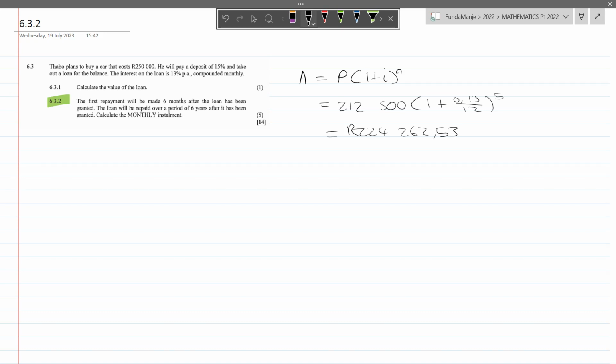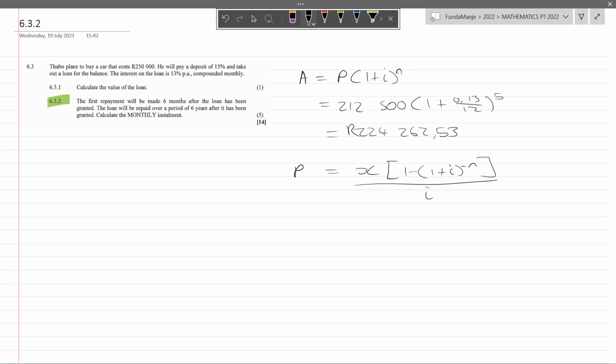Then we take this value and say, okay, this is the amount he owes presently as he is about to start making the repayments. So if this is the amount he's looking at, how much should his monthly installments be? So we work that out: P equals x times (1 minus (1 plus i) to the power of minus n) all over i.